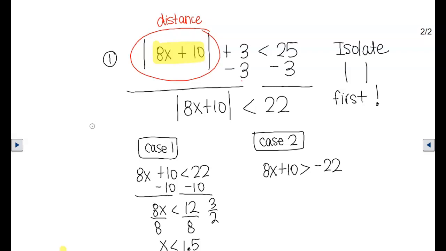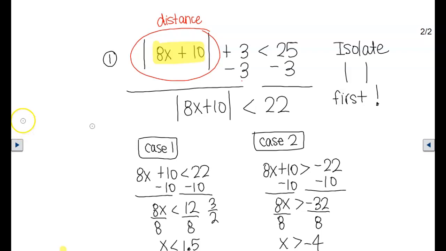All right, let's solve case 2. To solve case 2, we would subtract 10, which gives us 8x is greater than a negative 32. And then we divide both sides by 8, which gives us x is greater than a negative 4. So x is less than 1.5. x is greater than negative 4.